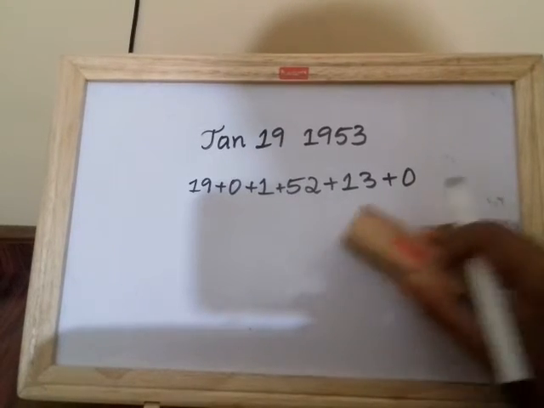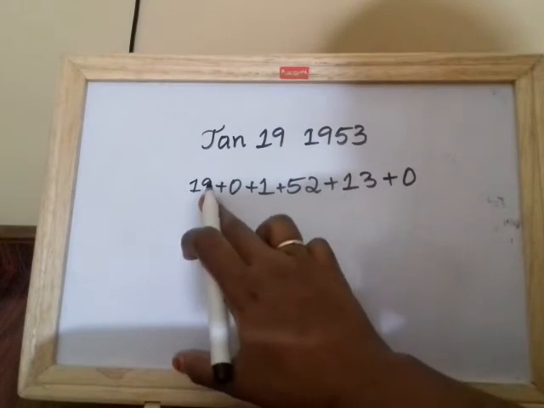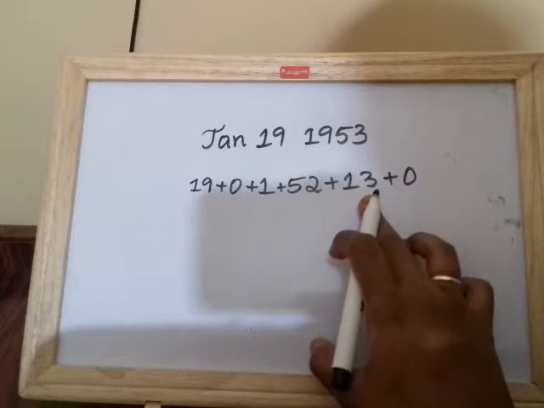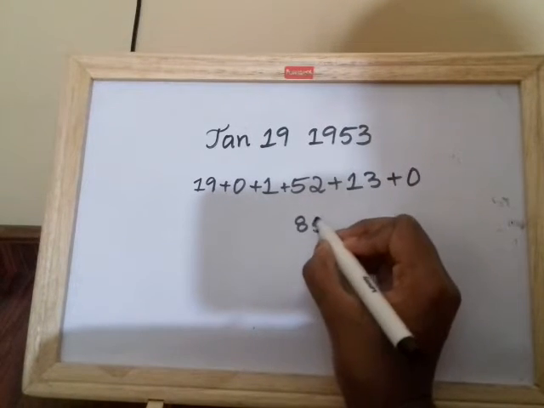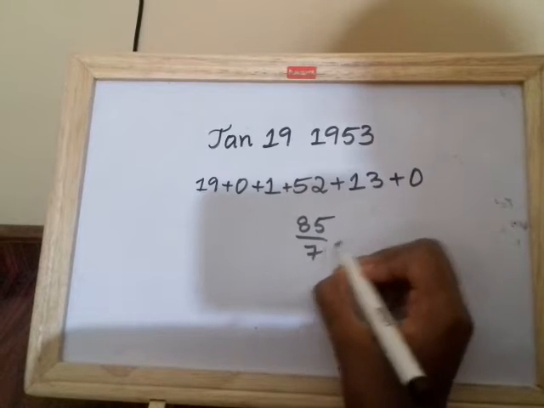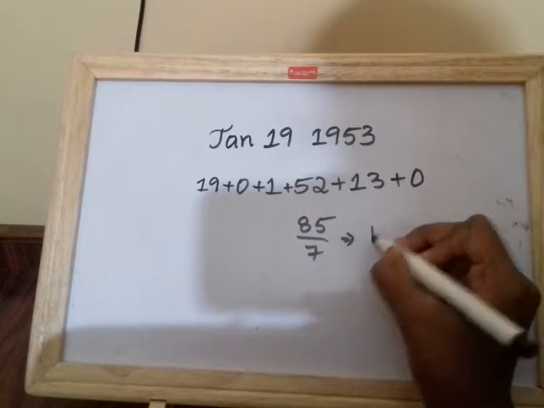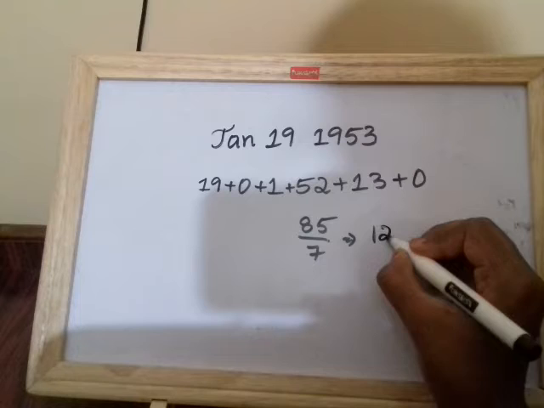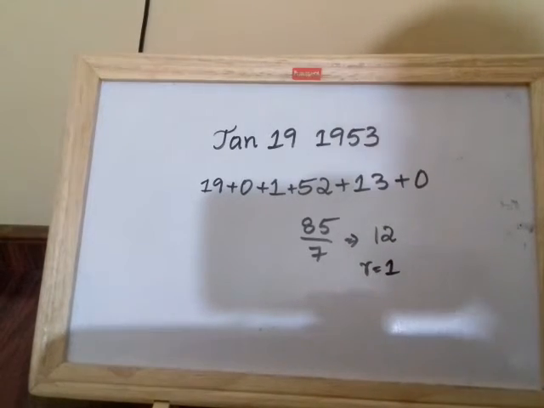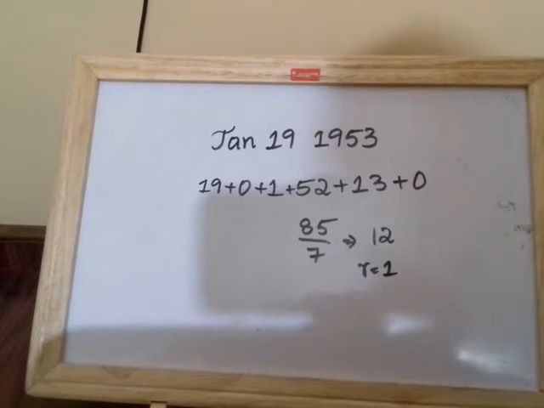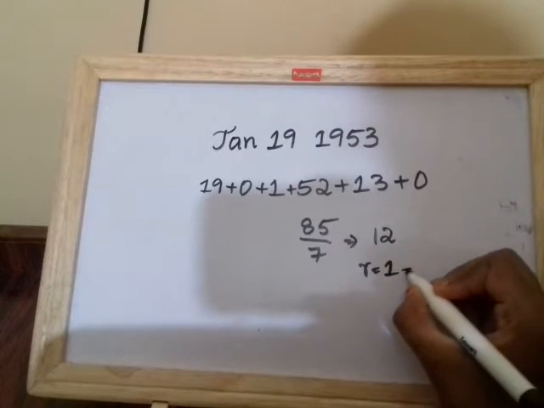Sum it up and divide by 7. 20, 33, 85. 85 by 7 is 12 and the remainder is 1. Okay. When the remainder is 1, the day would be Monday.